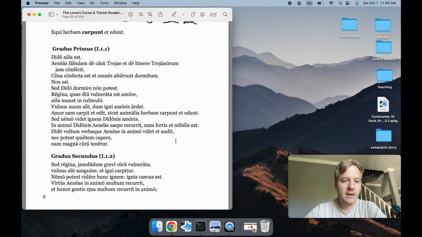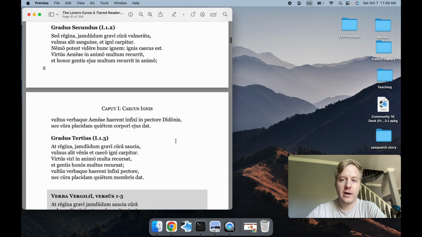Now, the second step, gradu secundus, is where it imitates more the structure and the grammar of the original text, but again, it might explain some concepts that aren't obvious in the original. It may explain some allusions, things like that. And it also swaps out the original vocabulary with easier or more common synonyms.